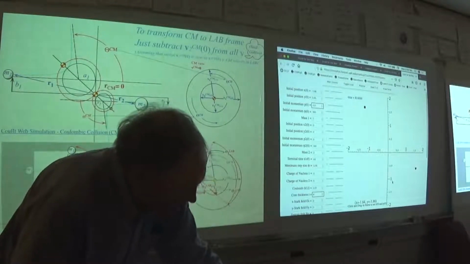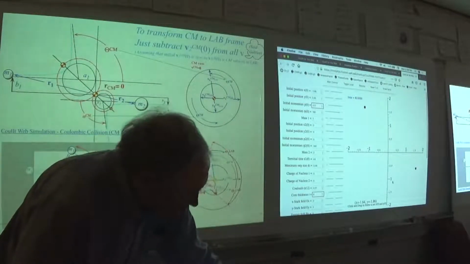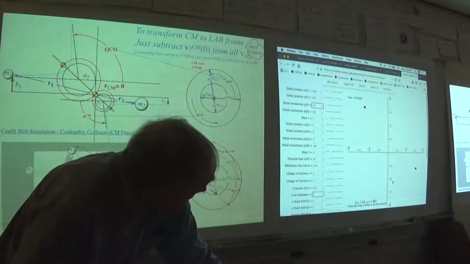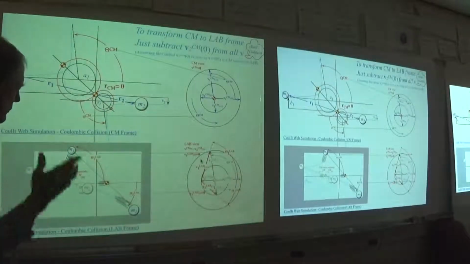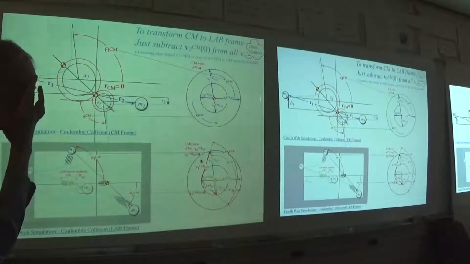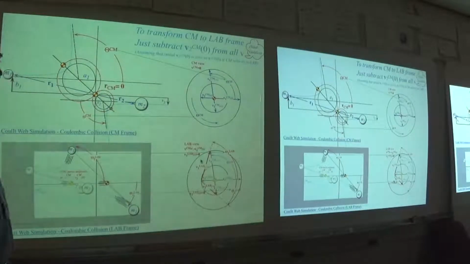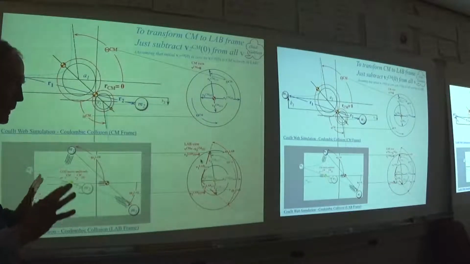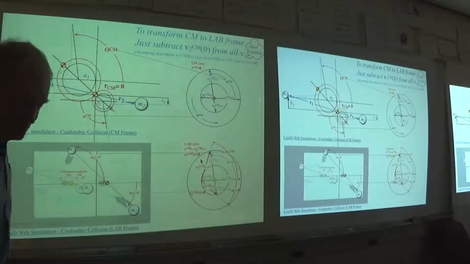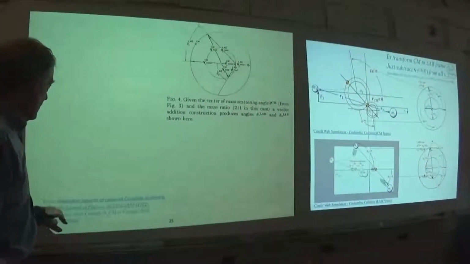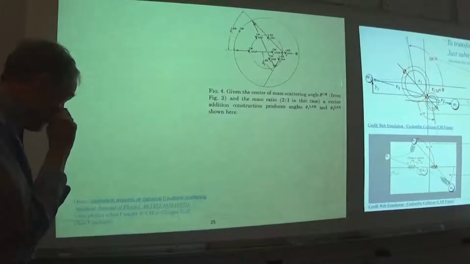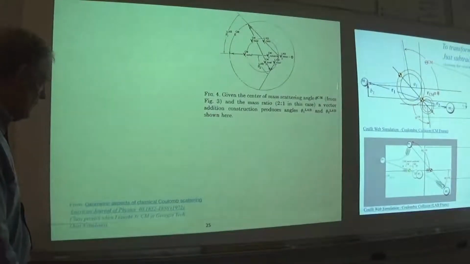This is what really bugged me, because I'd already discovered how to do these complicated calculations by ruler and compass, and I was figuring, yeah, I should be able to do a lab frame too. Turns out the lab frame doesn't exist. That's the way a mathematician would say it. So anyway, this is out of a paper that was part of a student project at Georgia Tech.